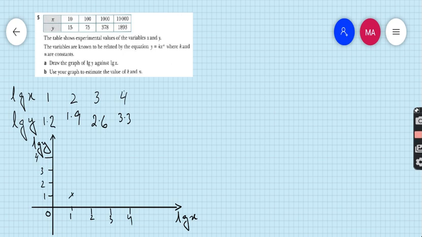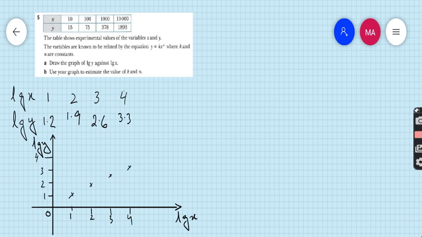When x is 2, y is 1.9, just below 2. When x is 3, y is 2.6. When x is 4, y is 3.3, so this is 3, this is 3.5, and this should be 3.3.